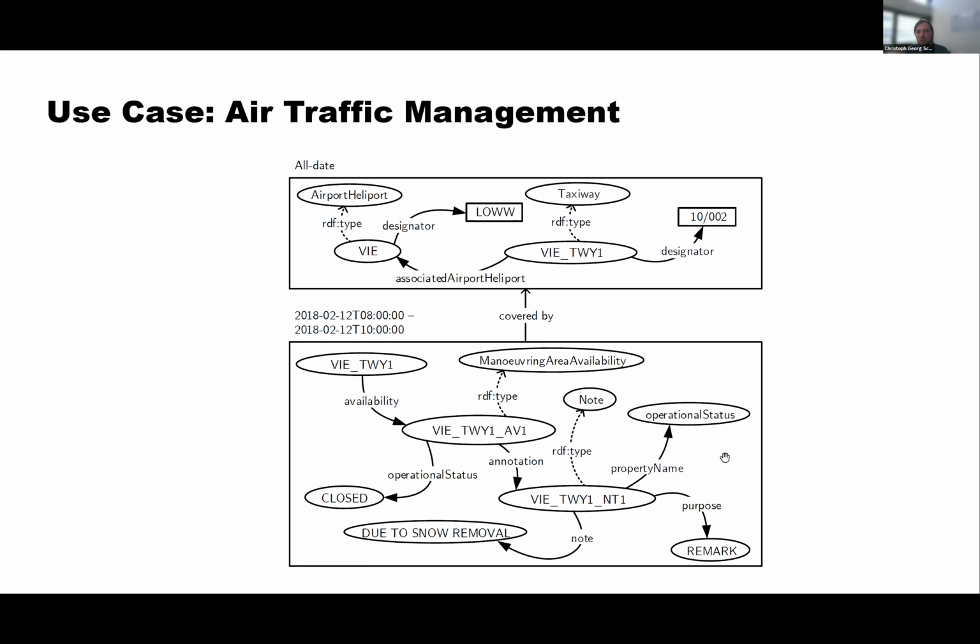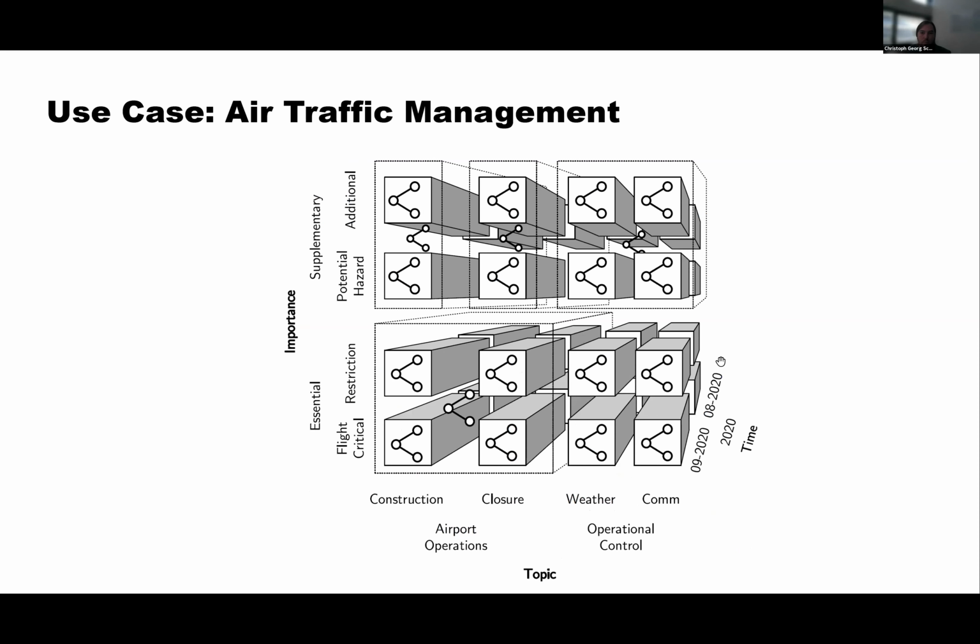And then we also have temporary changes. For instance, navigation aids can be temporarily closed in a specific temporal context, or some information might be relevant for a different geographic scope.